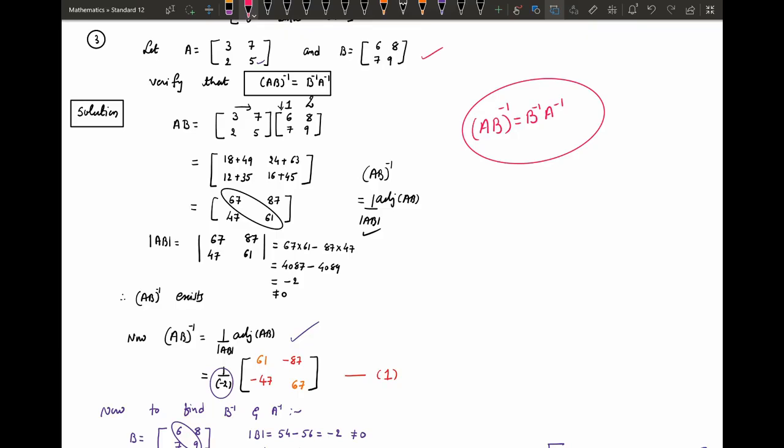Now, multiplication of two matrices AB. So we know how to find this multiplication: 3 7, 2 5 times 6 8, 7 9.